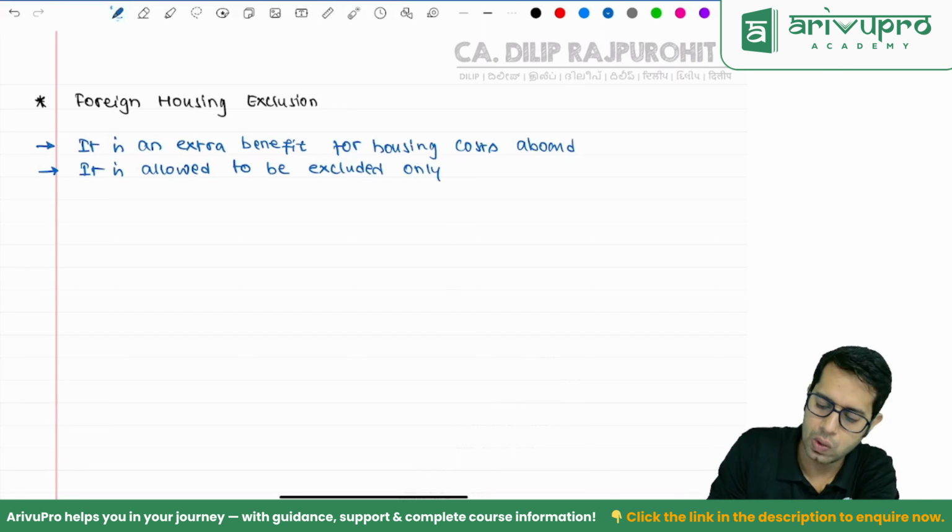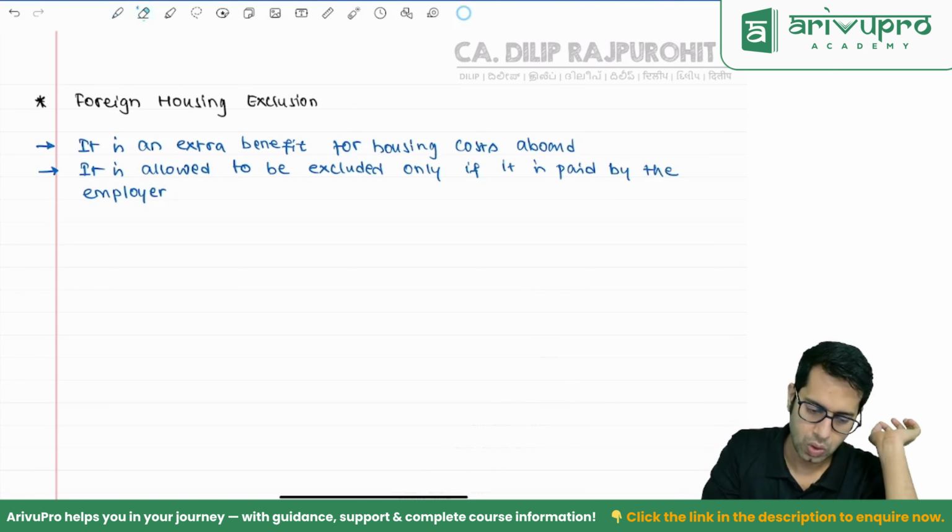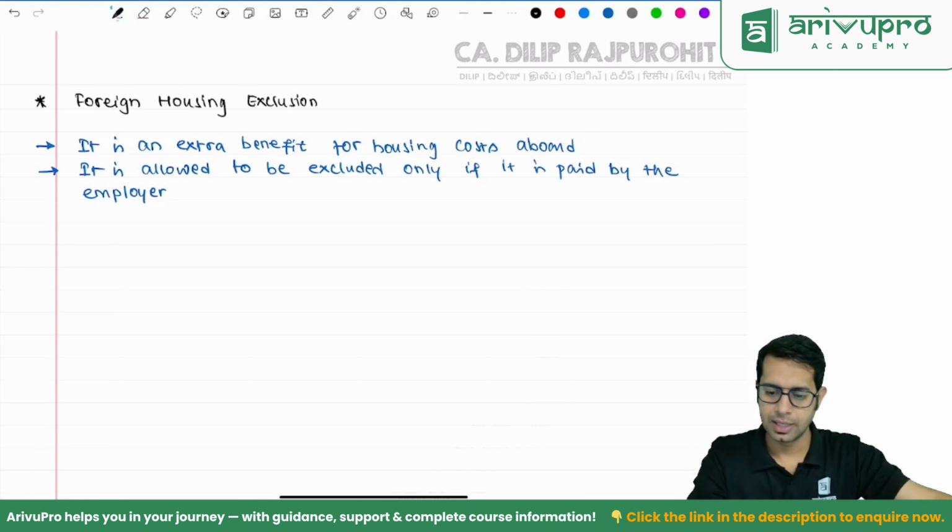Only if your employer is paying this, then I will allow as deduction. Please note, only if your employer is paying this, it will be allowed to be excluded.